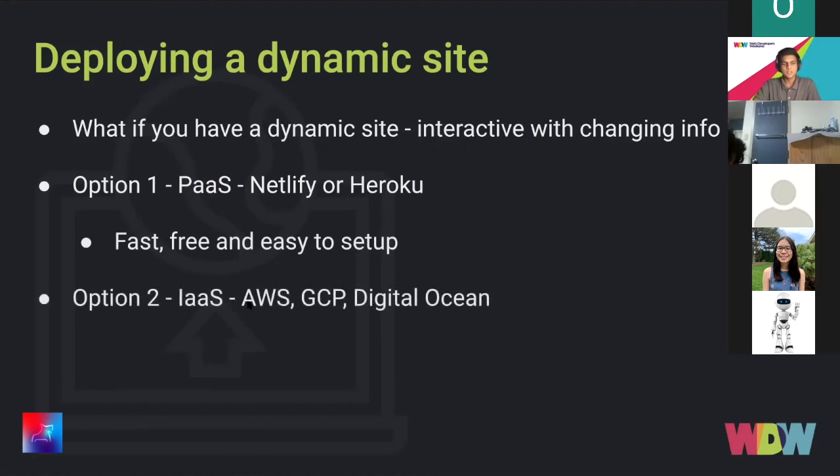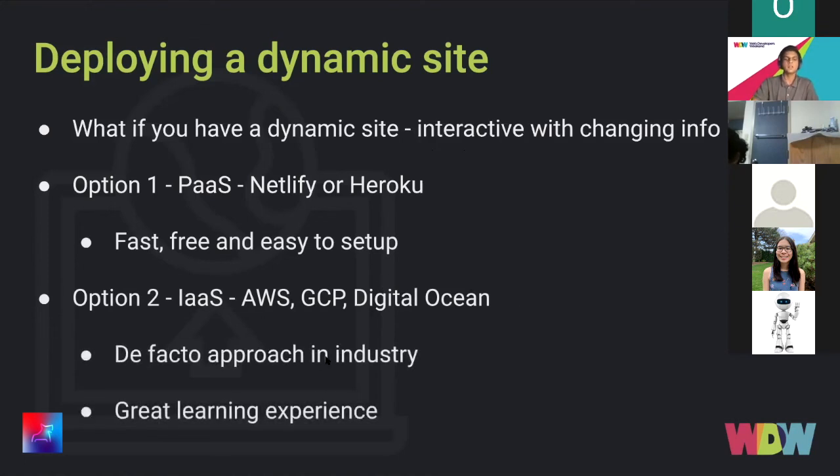But the second option, which I'd recommend, is basically using infrastructure as a service, which is using AWS, GCP, or DigitalOcean. And in this case, it's better to learn this because it's the de facto approach in industry. And it's also a great learning experience because you'd be learning how to work with Linux servers and how to configure different languages and packages that you need on those servers, and then get your actual dynamic site running on it.